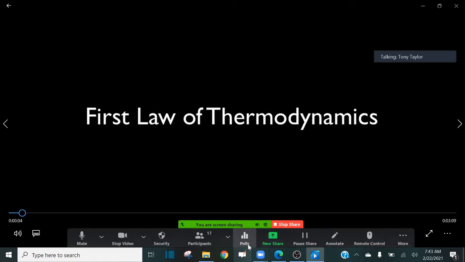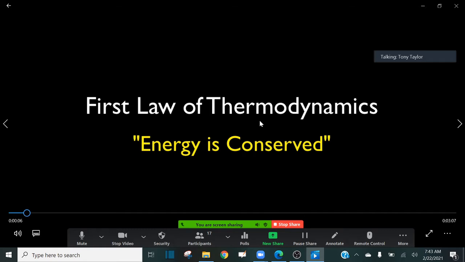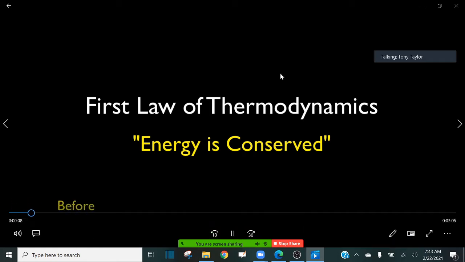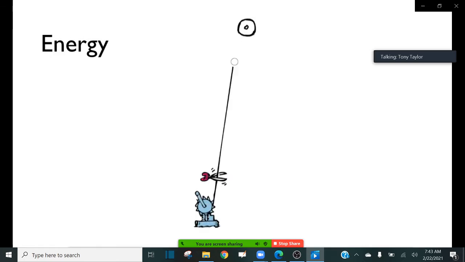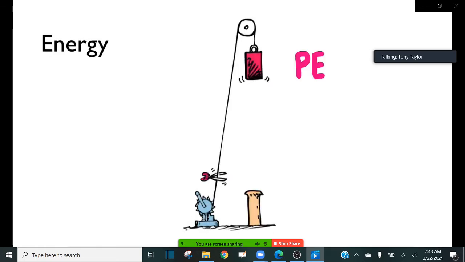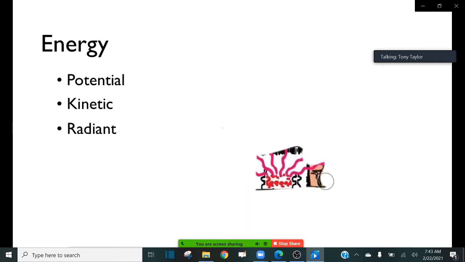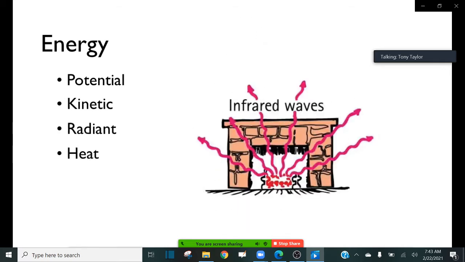Energy is conserved. That is, the amount of energy before will always equal the amount of energy after. Energy, however, comes in many different forms. There's potential energy, kinetic energy, radiant energy, heat energy, and so on. The many forms can complicate its accounting.